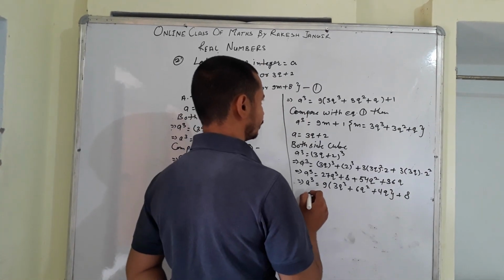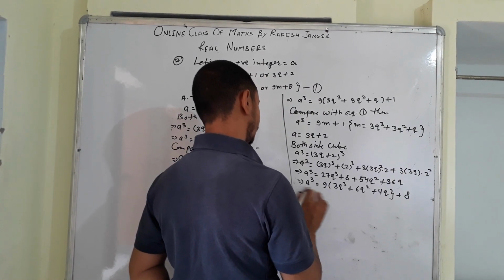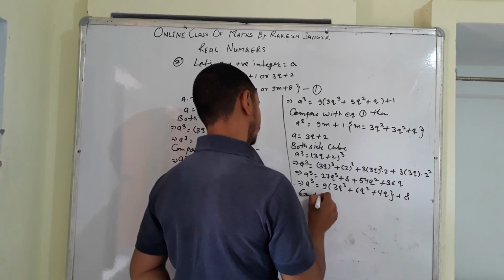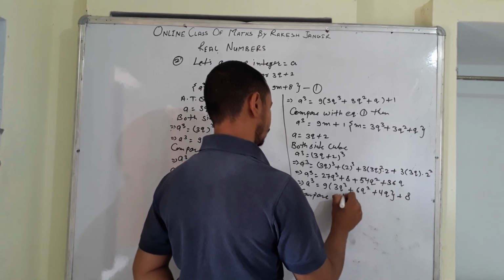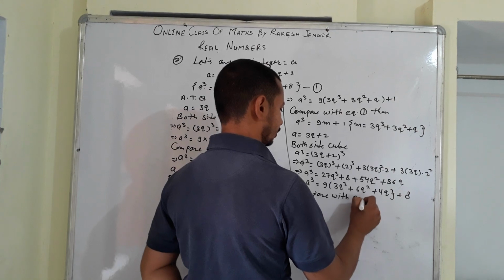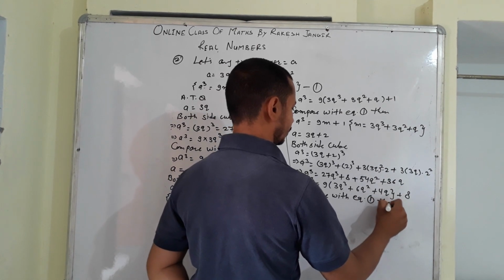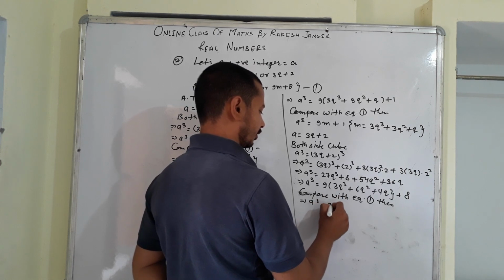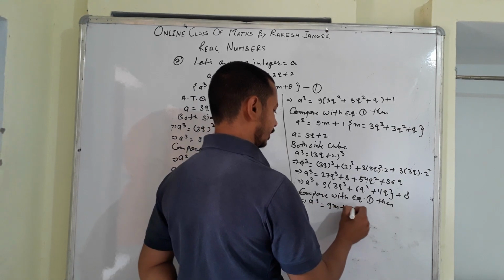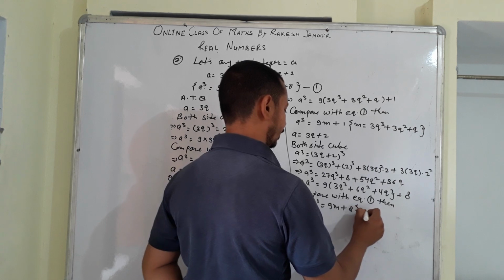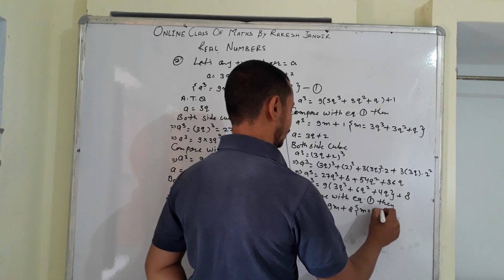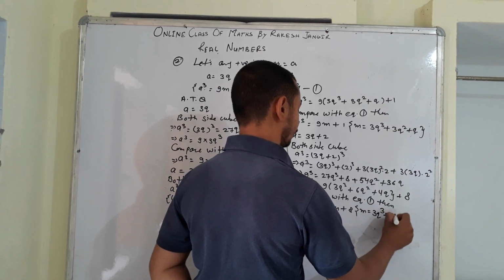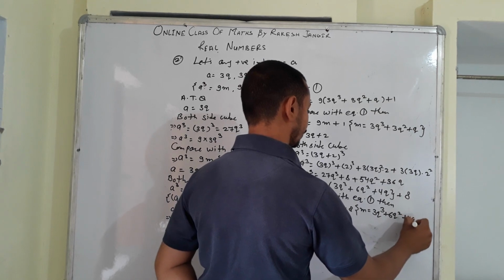So compare with equation first, then we find a cube equals 9m plus 8 and the value of m equals 3q cube plus 6q square plus 4q.